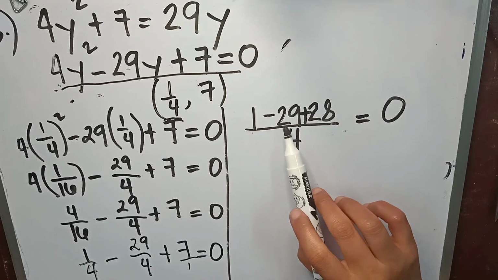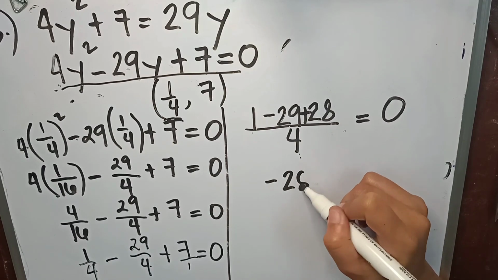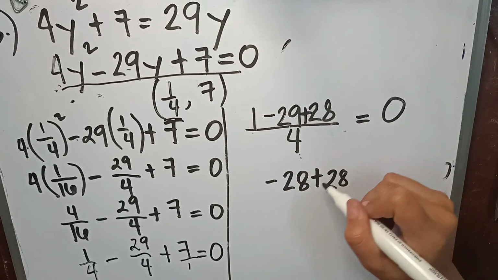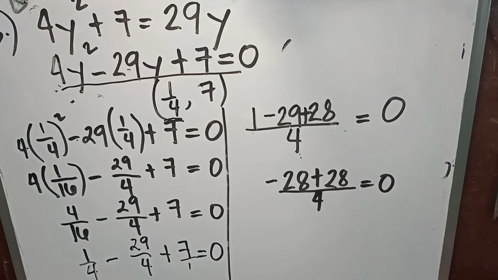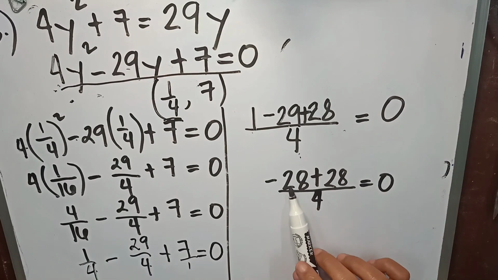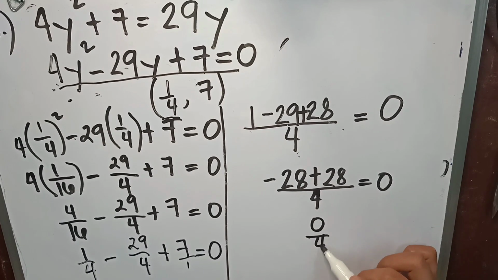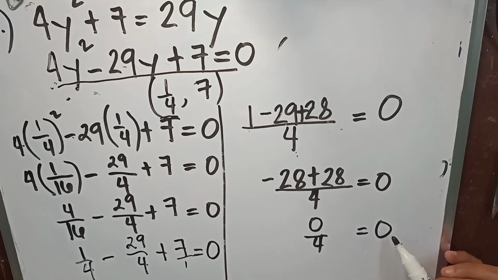1 minus 29 is negative 28, plus 28 over 4 equals 0. Negative 28 plus 28 is 0 over 4. So our answer is correct. 0 over 4 equals 0.